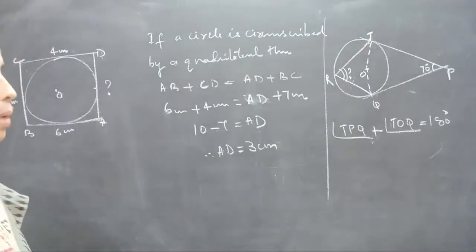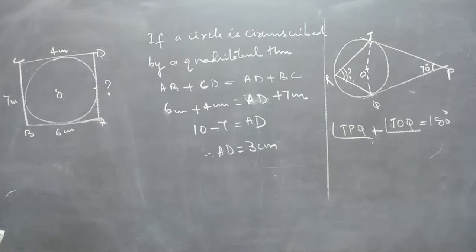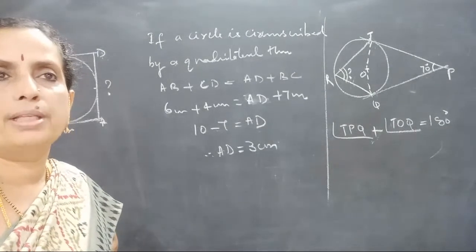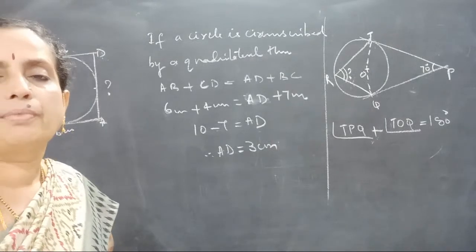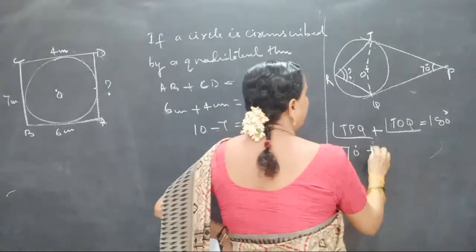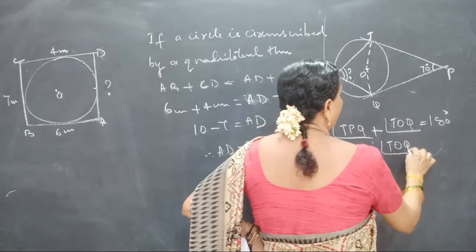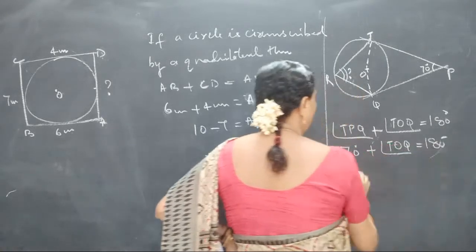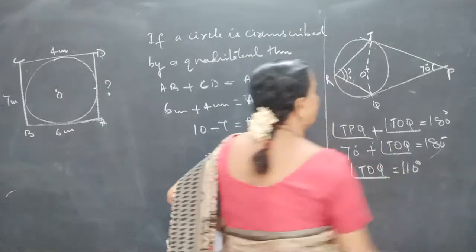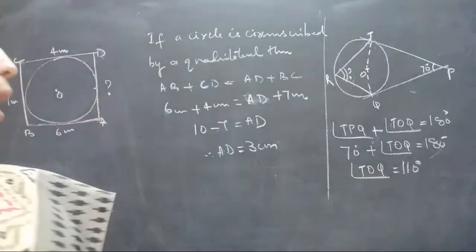The sum of the angles bounded between the tangents from an external point and the radii drawn to the points of contact is always supplementary. Is it clear? Now TPQ is 70 degree, TOQ we have to find out, where on subtraction you will get angle TOQ equals 110 degree. Now how to get angle TRQ?